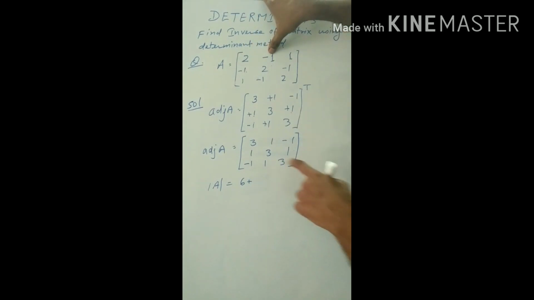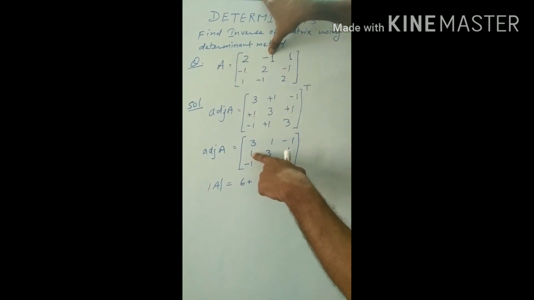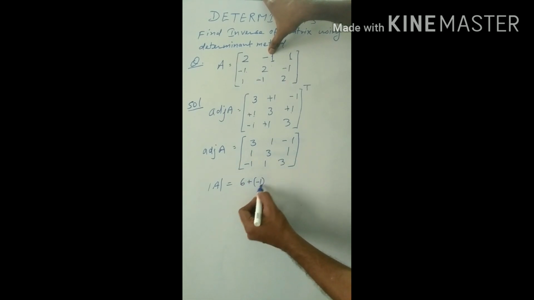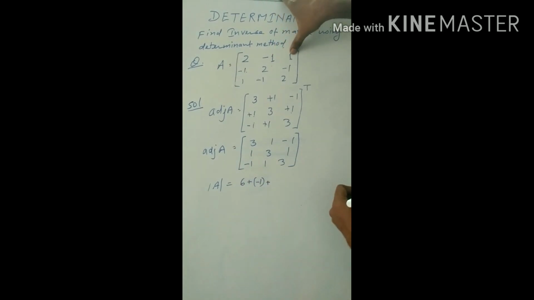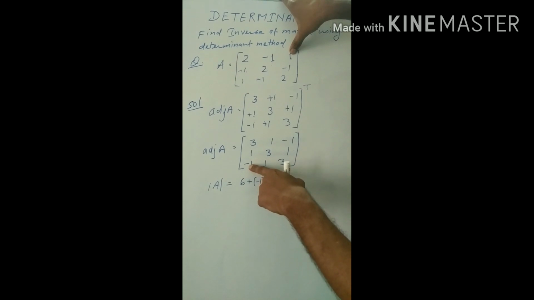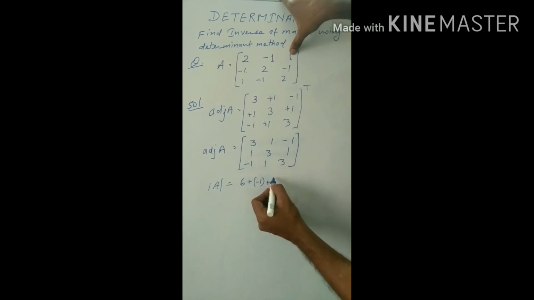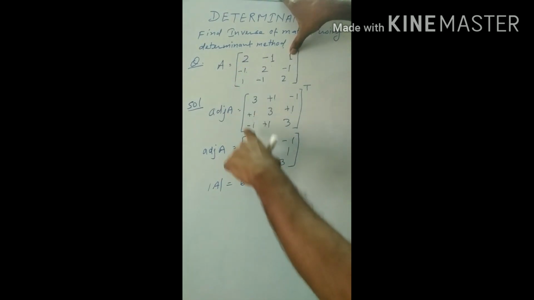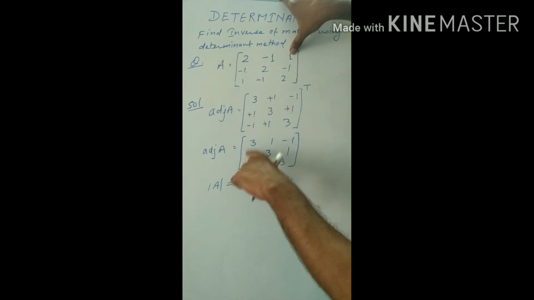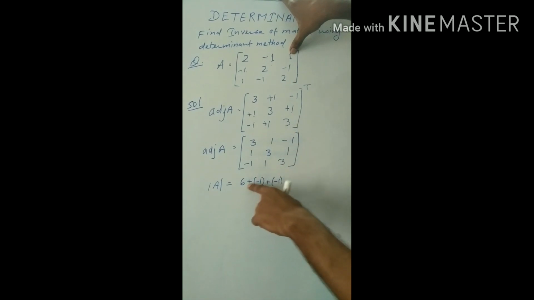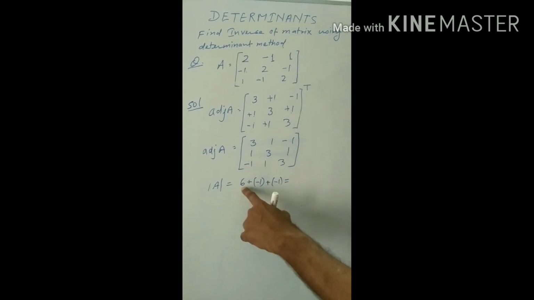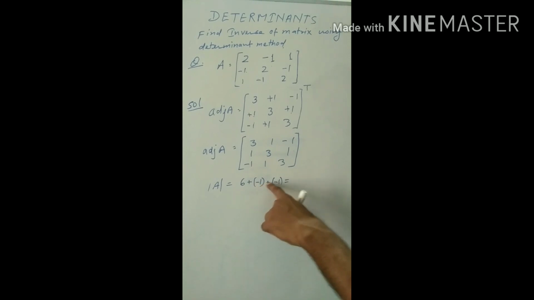Next element of this and here from the column, 1 into minus 1 is minus 1, plus next element of this into this, 1 into minus 1 is minus 1. We have to take the first row from here, the first column from the adjoint of A. When we multiply and add them, we get the determinant of A. So here it is 6 minus 1, 5 minus 1, 4.